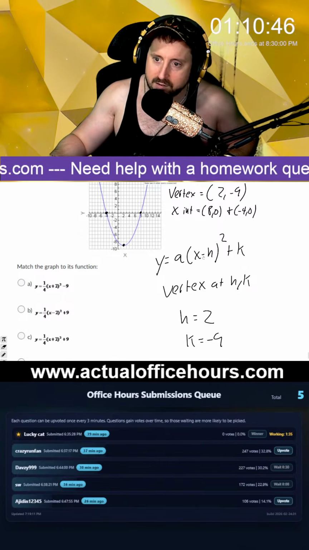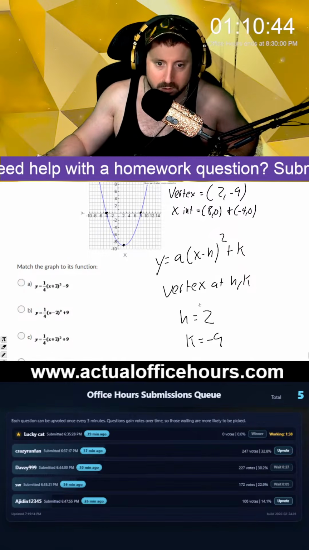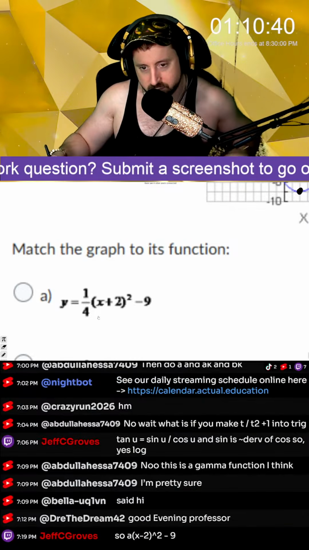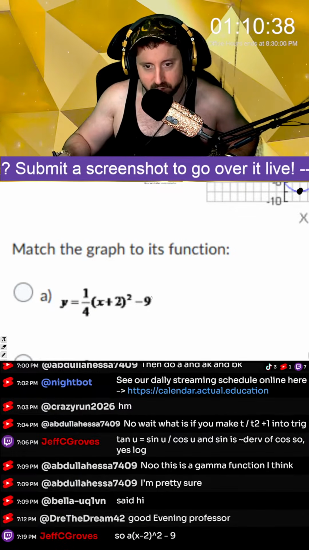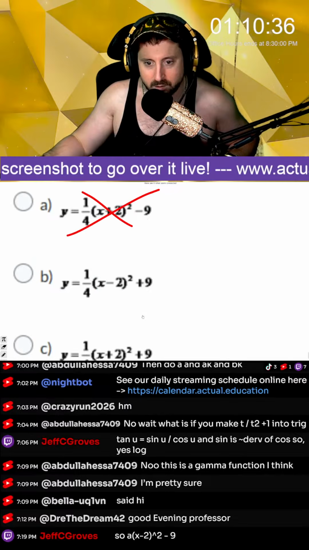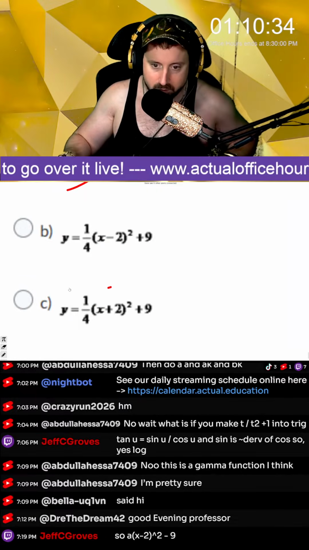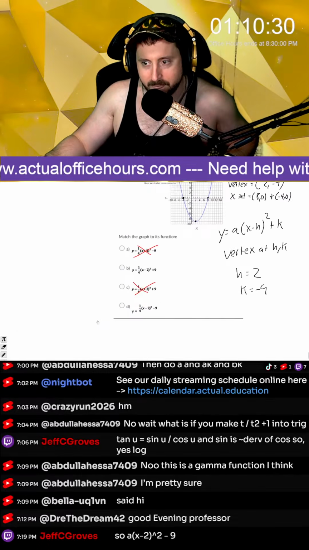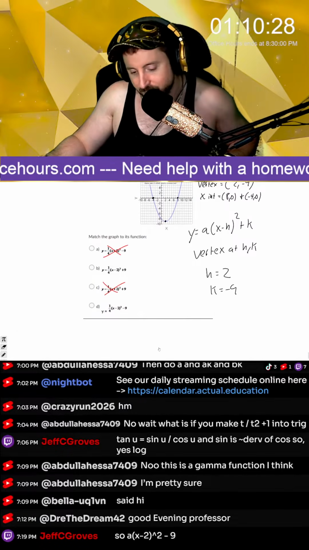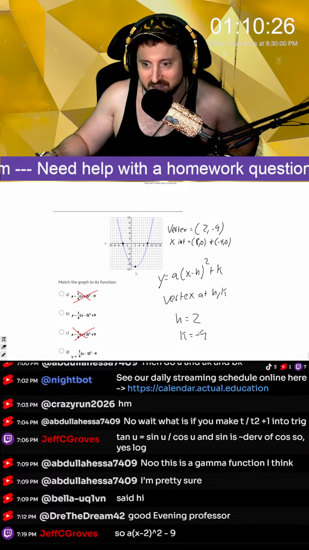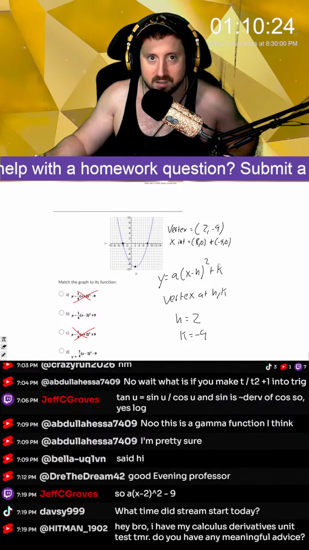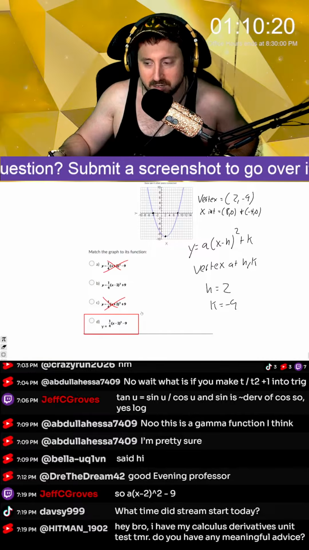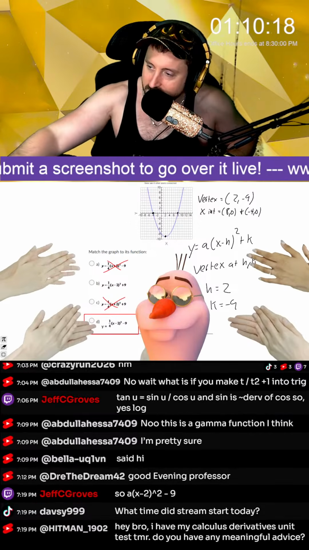So we need x minus 2 to be inside here. It can't be this one, this is x plus 2. We don't like that. Can't be this one either, that one's plus. So it's either that or that. They kind of made this easy for us, right? Because k is -9 and it's plus k, so this one has to be choice D. Yes, nice.